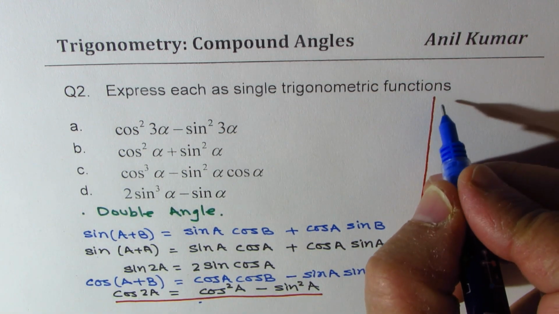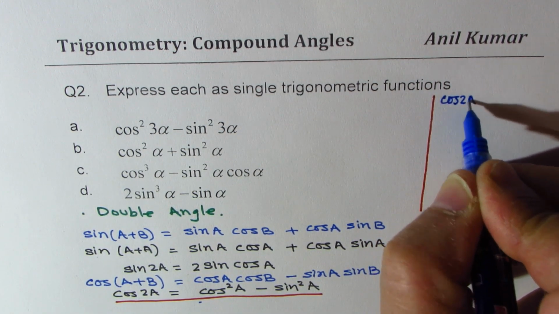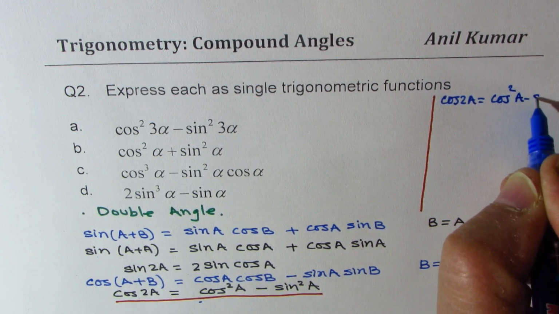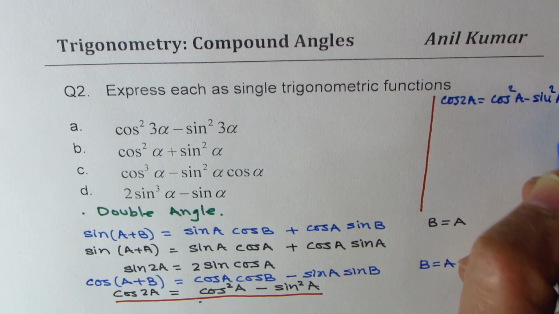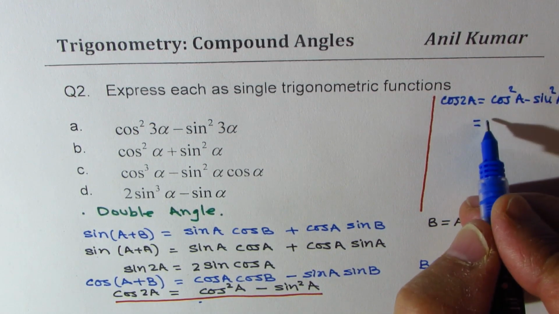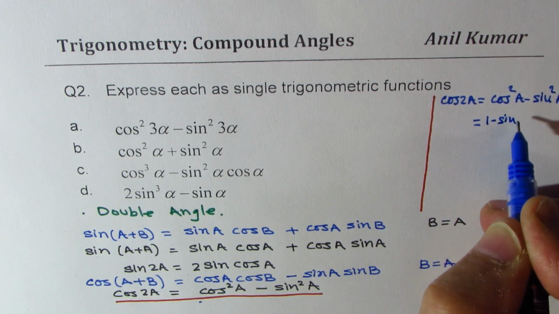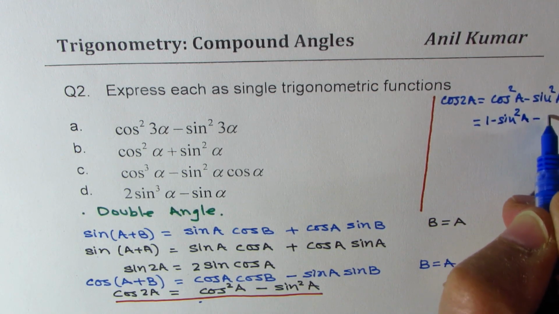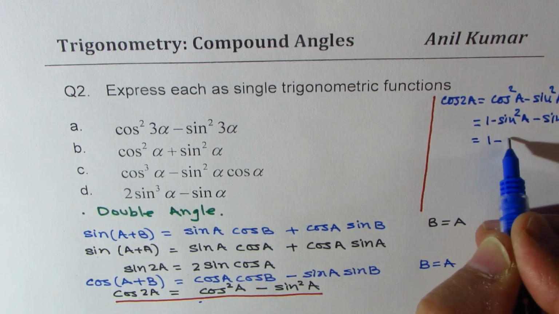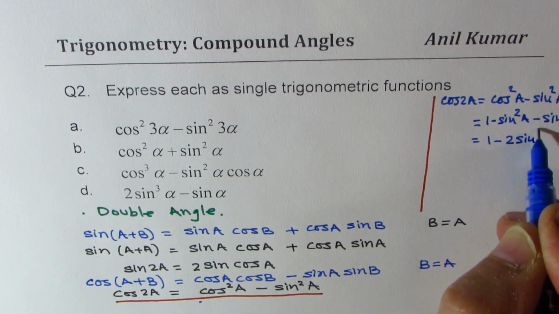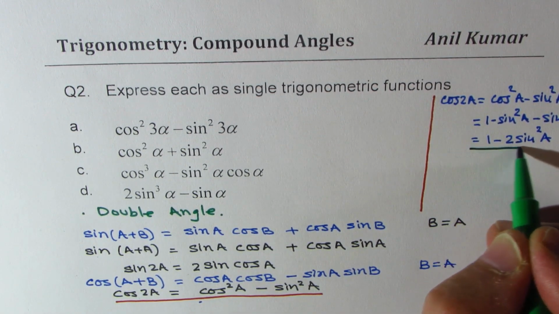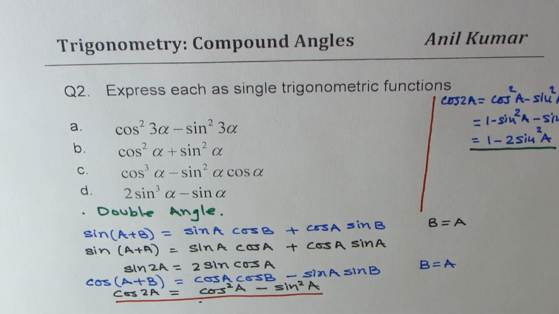Now this formula, which is cos of 2A equals cos square A minus sine square A, can be written in two different ways. If I write cos square A as 1 minus sine square A, we already have minus sine square A, then I get 1 minus 2 sine square A. Perfect. So I get formula number 2 for the cosine of the double angle.